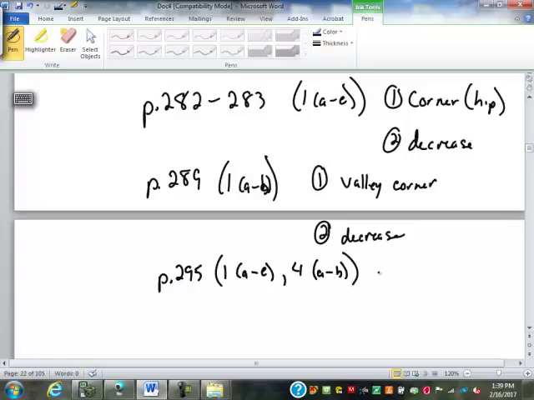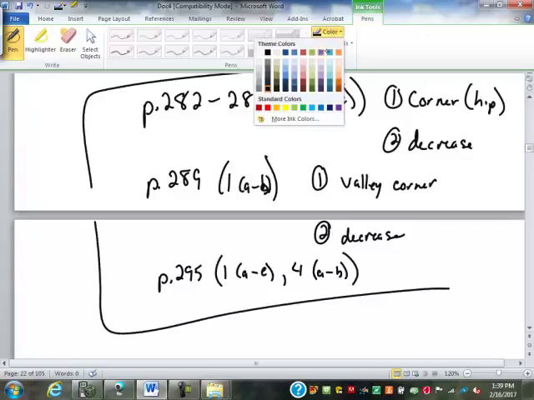Do the same thing. Find the corner, the hip or valley corner, and find the decrease. And we're going to stick with that for now. If you do those, we'll talk more tomorrow about the unconventional case. So I'm going to give you guys your last 11 minutes to get started on those. Hopefully they go well.